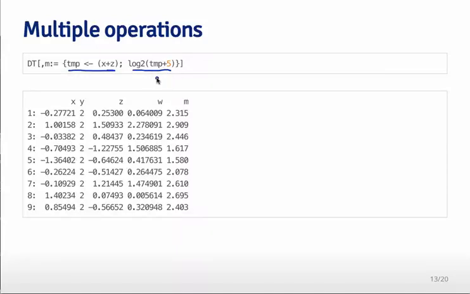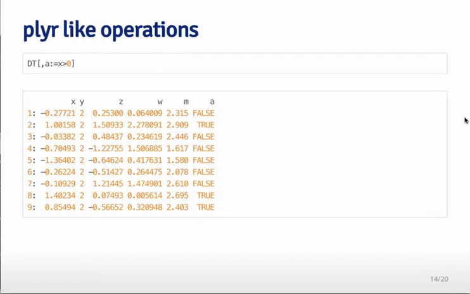As you remember, the last thing that gets returned from this expression is the evaluation of this last statement. So what ends up happening is this variable m will be assigned to be log base 2 of x plus z plus 5. Those sorts of multi-step operations can be handled very easily with data table.